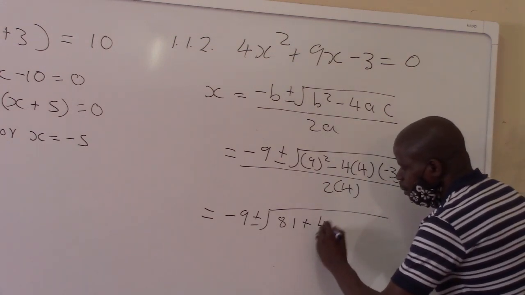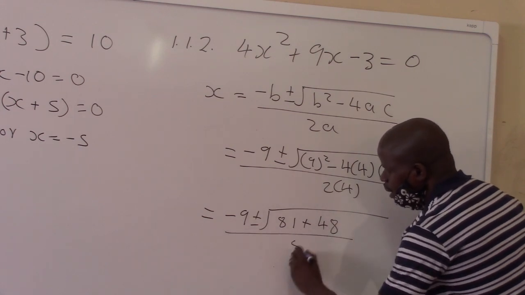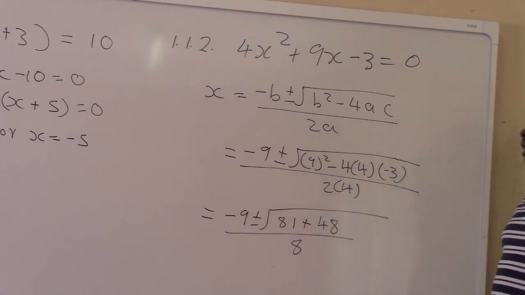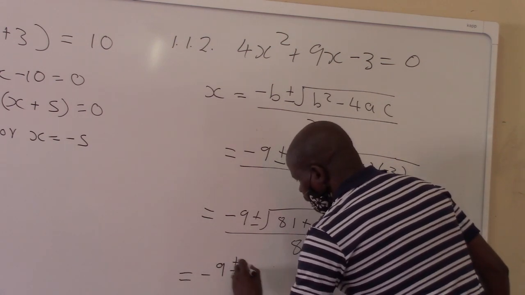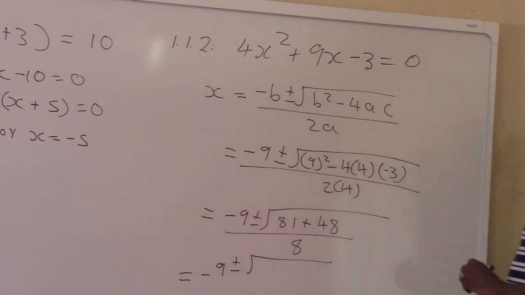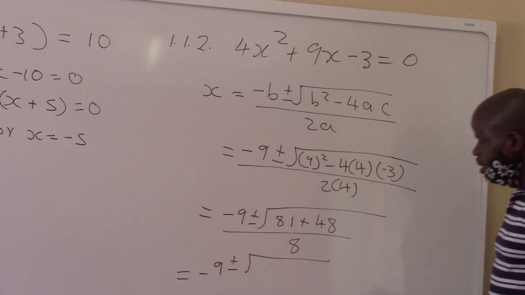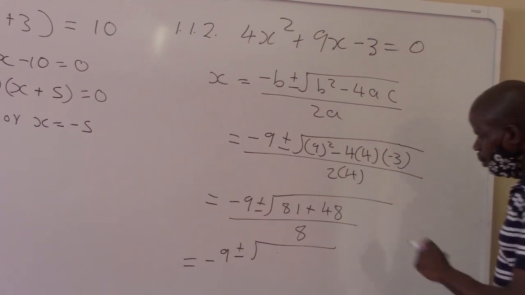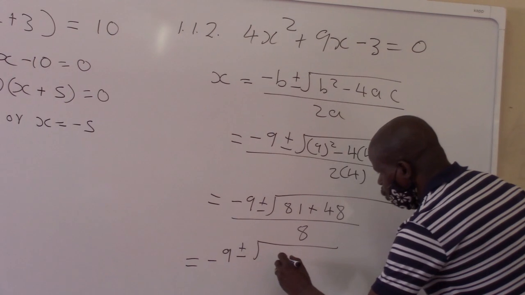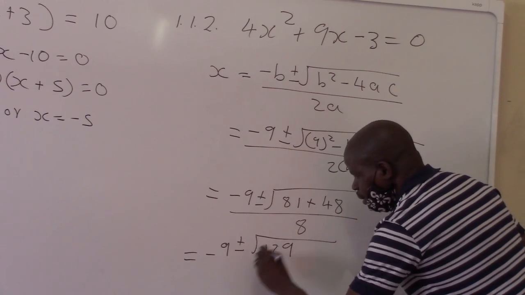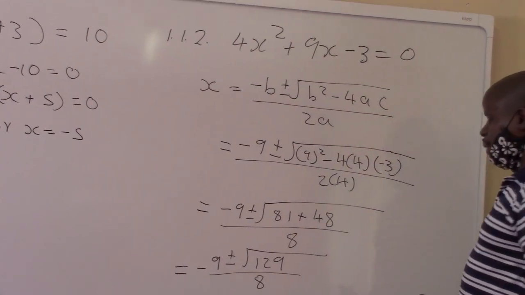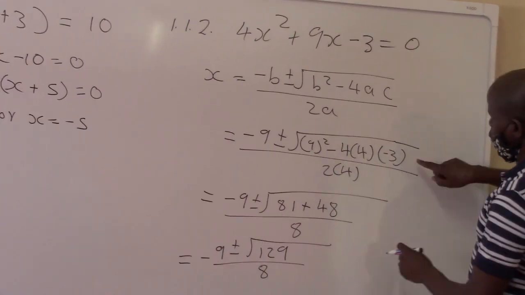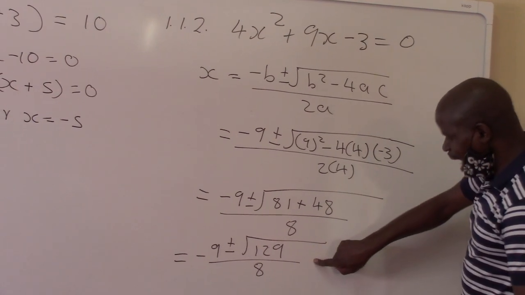So we are having plus 48 over 8, because 2 times 4 was 8. And then 81 plus 48 is 129, so 129 all over 8.